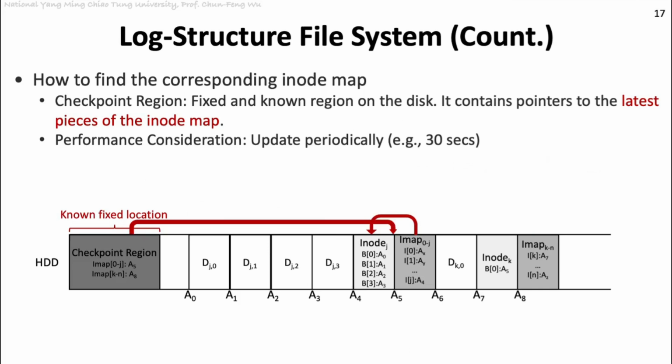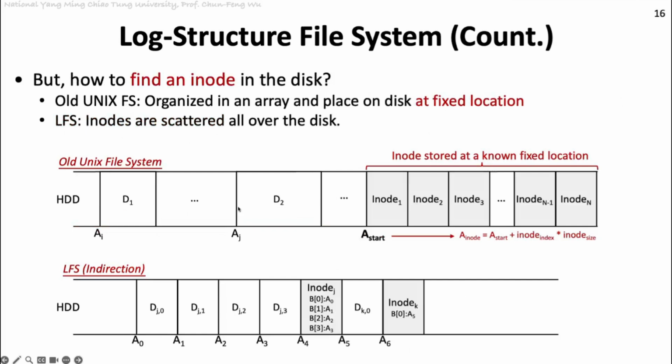So the time for accessing this log-structured file system will be between these two, because this one is super slow and this one is super fast. But for this one, we cannot find an inode easily. So a better way is to have an indirection. We group the inodes together as an inode map. So in this example, if we use the inode map, then the latency might be between the slowest and the fastest. This is the reason I say that using the inode map, we can amortize the cost.